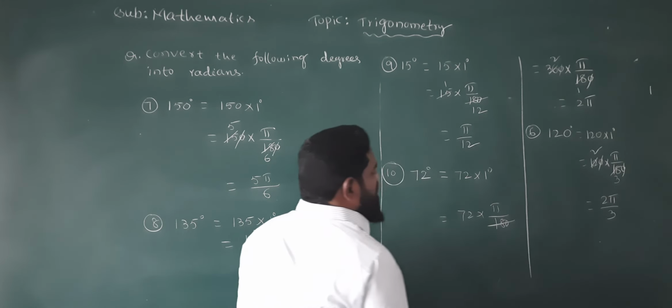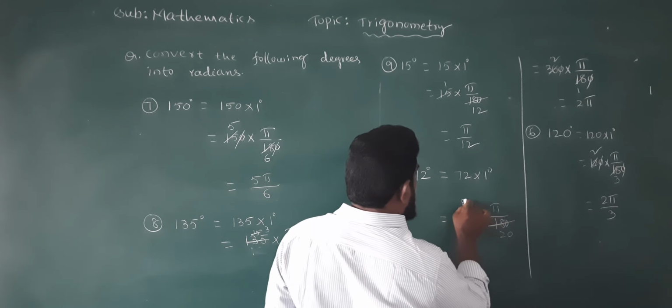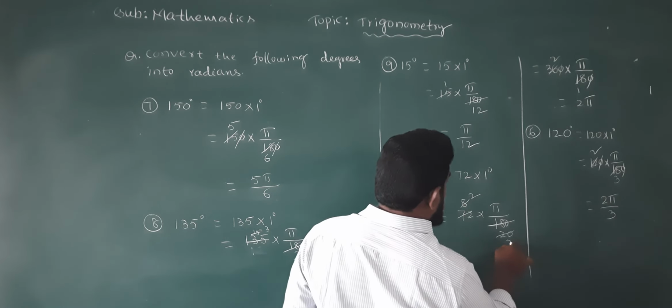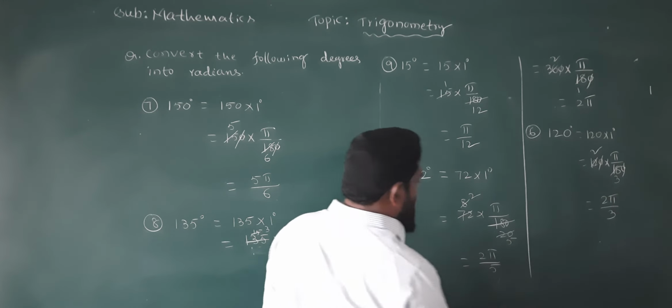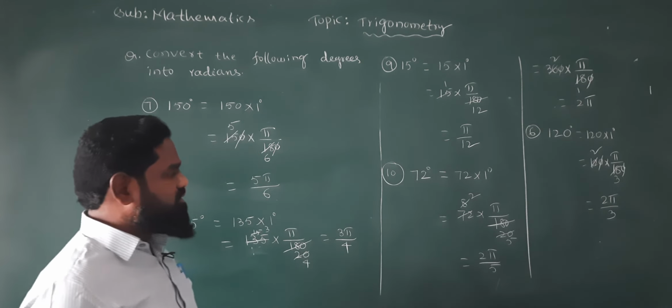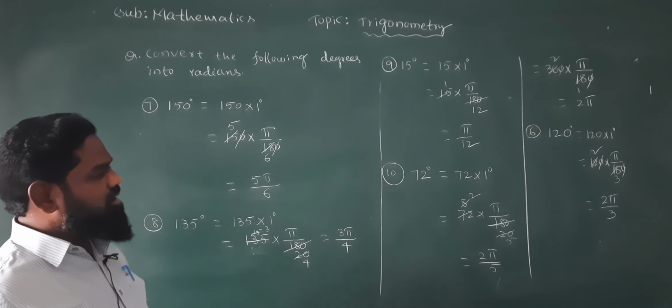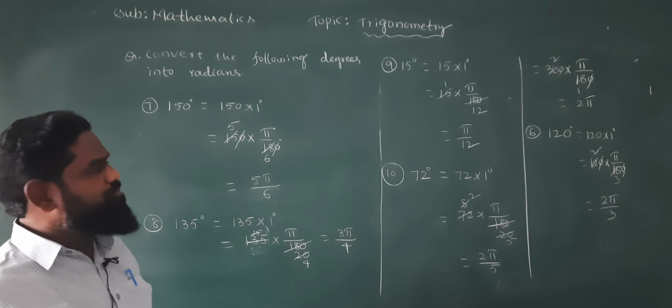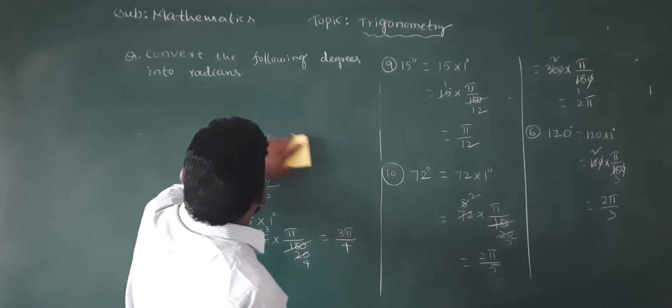Okay. Cancel it. 9 2s are 18, 9 8s are 72, 4 2s are 8, 4 5s are 20. 2 pi by 5 radians. Understand? We can do like this.